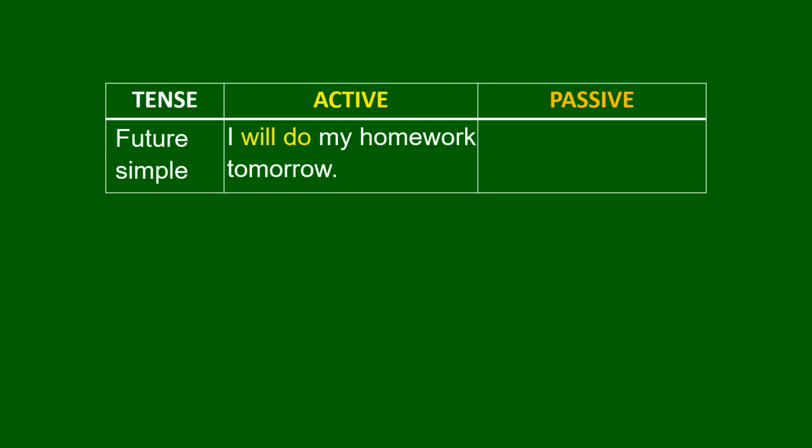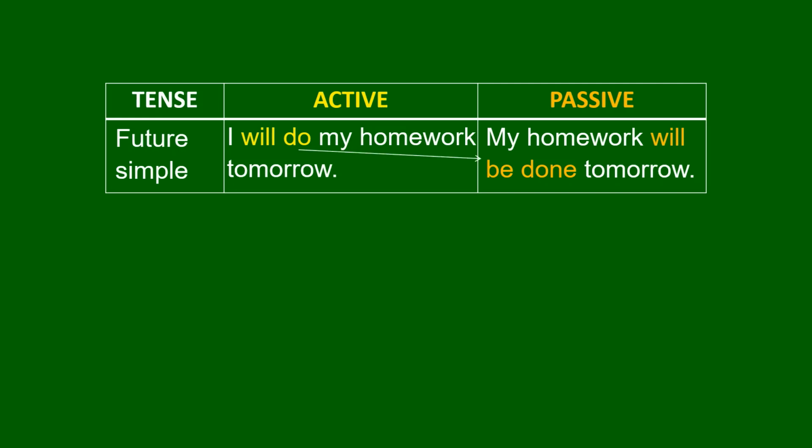So we need to write will be, and the answer is: my homework will be done tomorrow. Will do in the active form changes into will be done in the passive form.